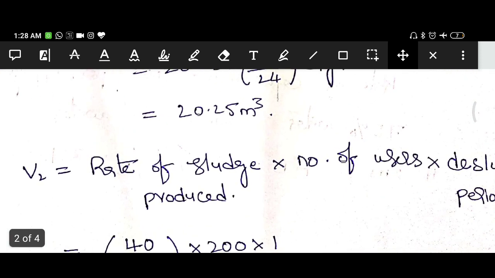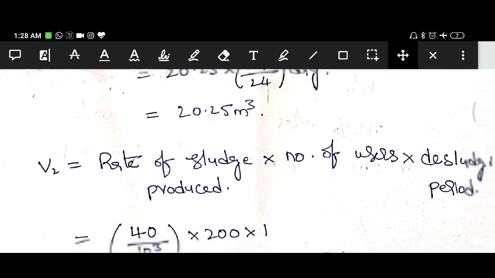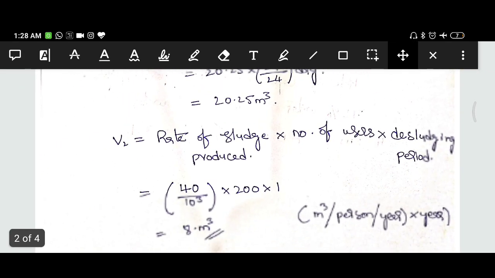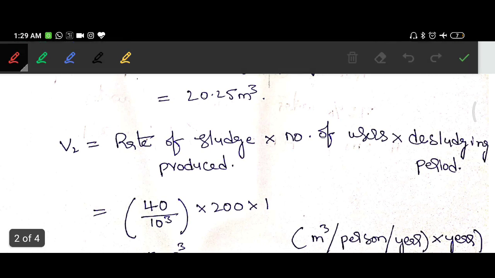As we know, V2 is the volume of the sludge zone. To find the volume of the sludge zone, it is very simple: rate of sludge into number of users into desludging period.